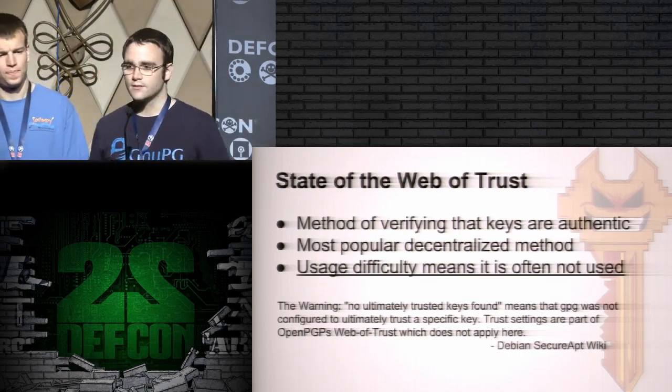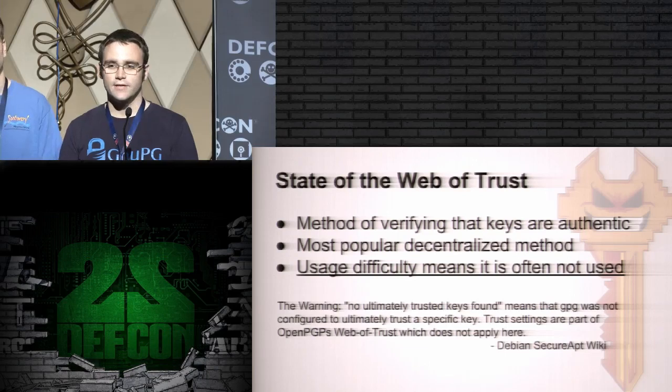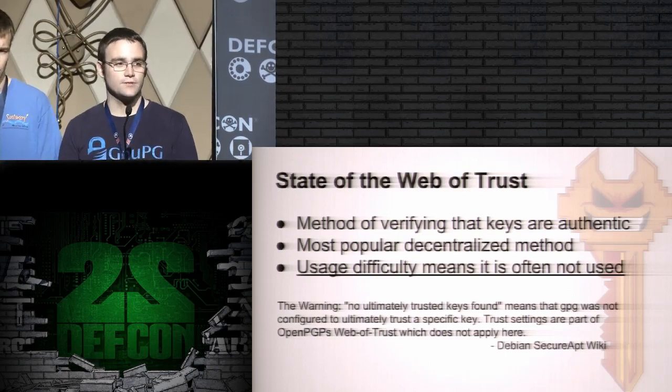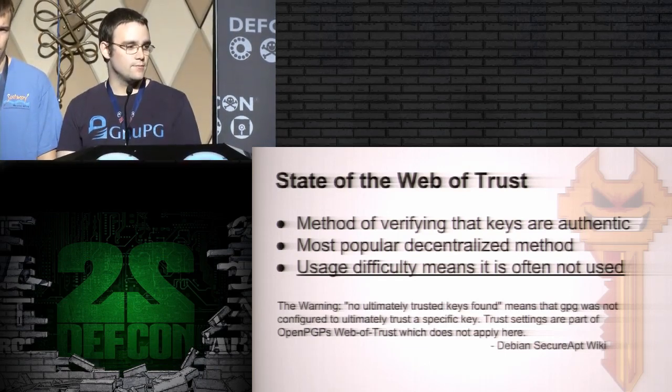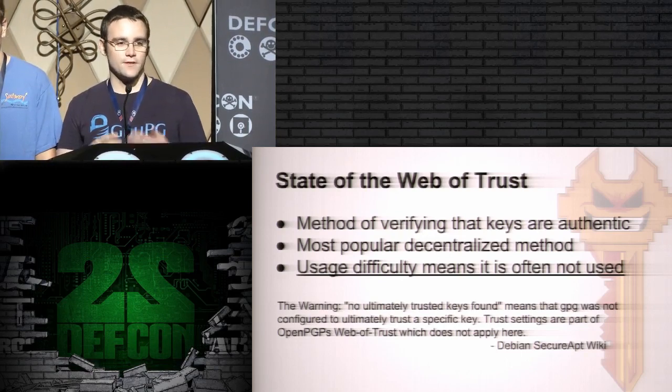So the Web of Trust is the most commonly specified way to do key exchange with GPG, and it's one of GPG's big innovations. Again, the whole point of this authentication is to verify that the key you got is from who you think it's from. So it's from somebody with the correct ID and everything else. And the Web of Trust is the most popular decentralized method for key exchange. People have built a lot of other things on top of it, and it's very cool.